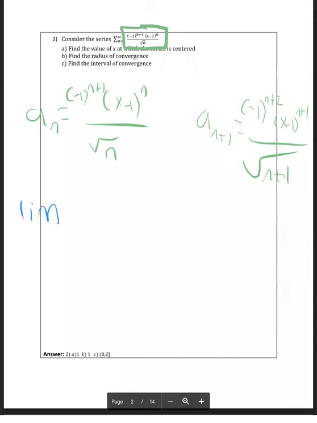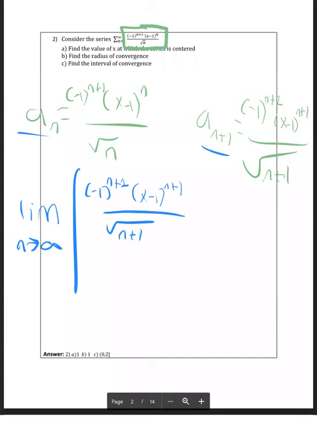We're going to plug it in here. Remember, it's this one over this one. So it's this, -1 to the n plus 2, x minus 1 to the n plus 1 over the square root of n plus 1, all over this.